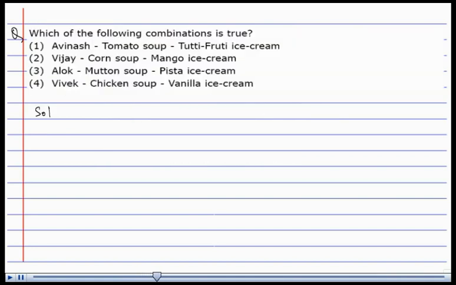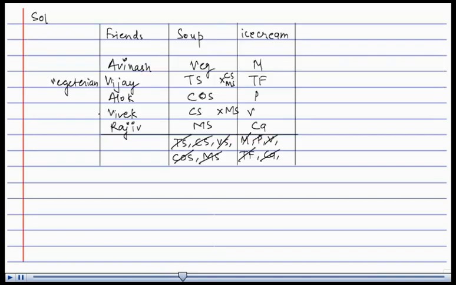Which of the following combinations is true? Option number 1 is Avinash, tomato soup, tutti frutti ice cream. As we can see, Avinash ordered vegetable soup and not the tomato soup, and the ice cream ordered is the mango, not the tutti frutti.